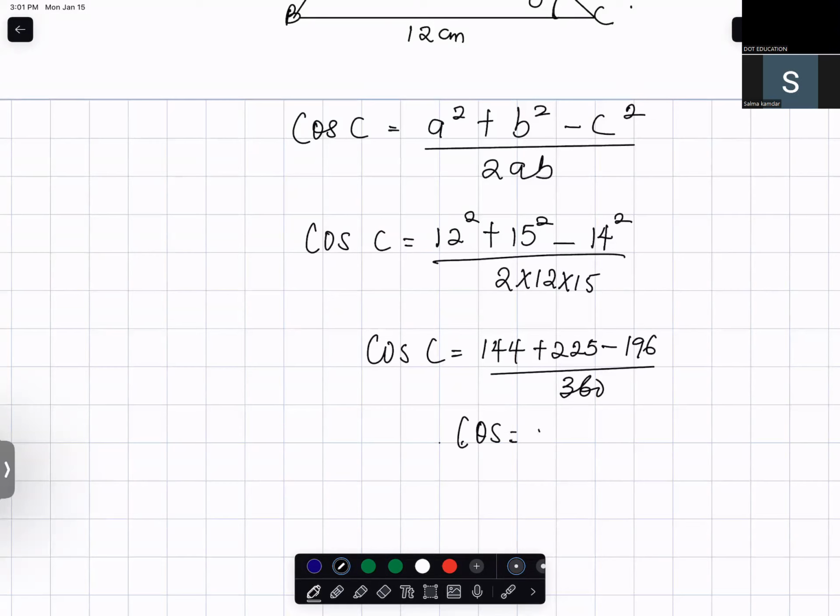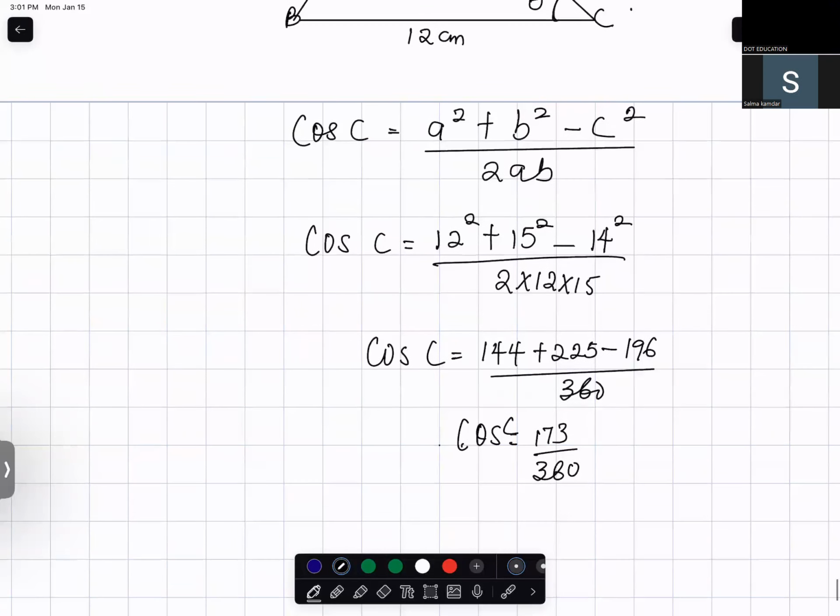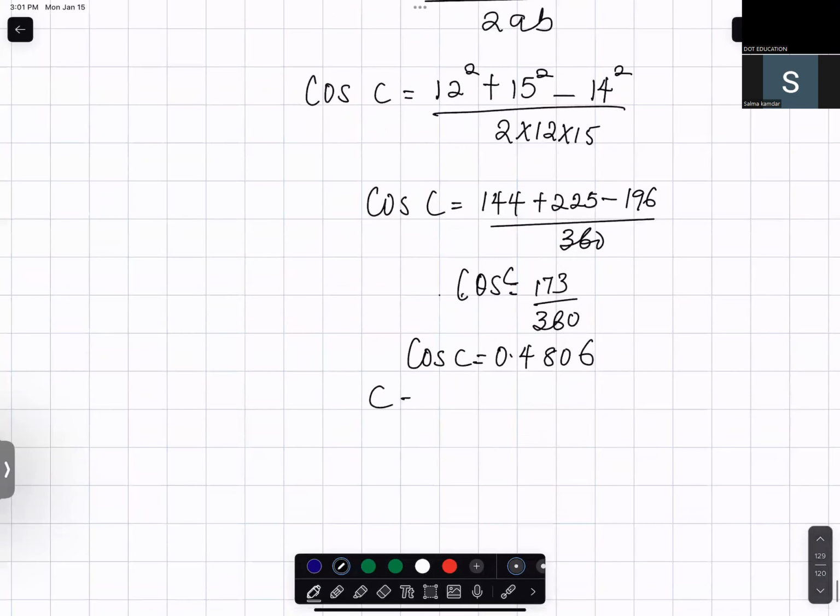So cos C is 173 by 360. 173 divided by 360 gives 0.4806. So I have cos C as 0.4806. So C is cos inverse of 0.4806. So our angle C is 61.3 degrees. So we've gotten the angle at C.